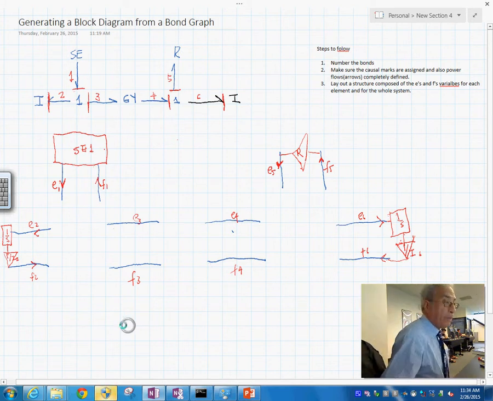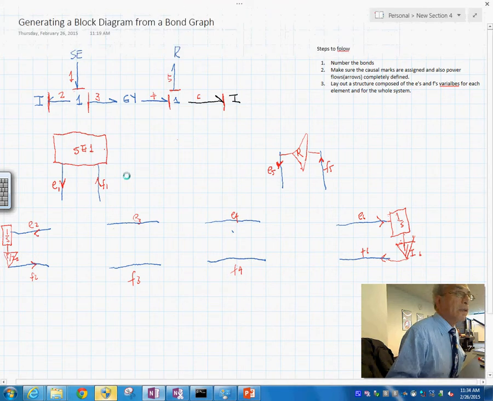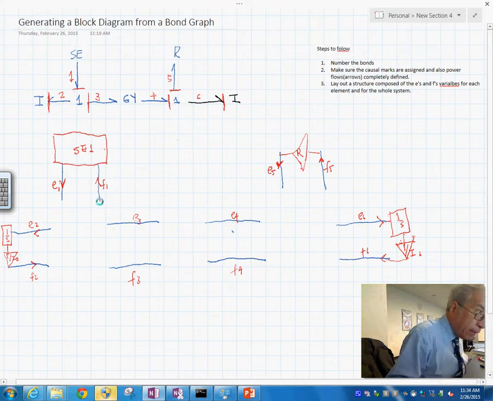Then it follows that all the flows have to be the same. So what you do is, we're gonna do it with a different color here. That's one. All this plus this and this one are the same.